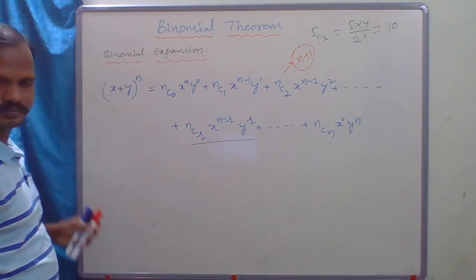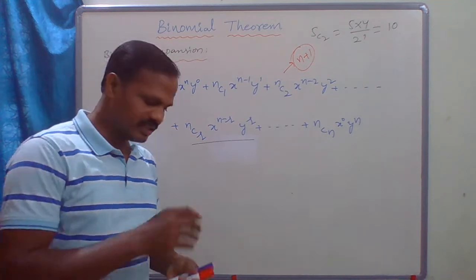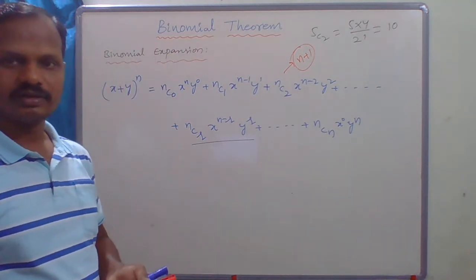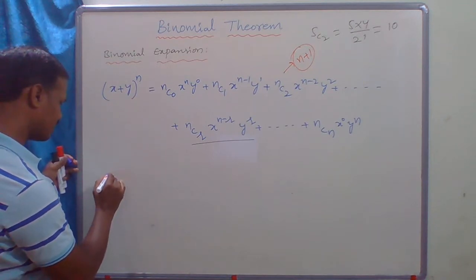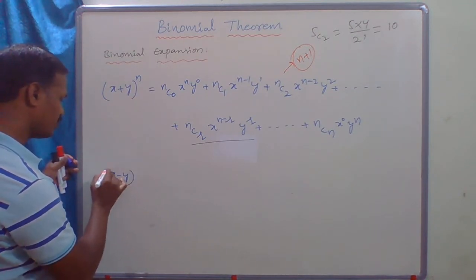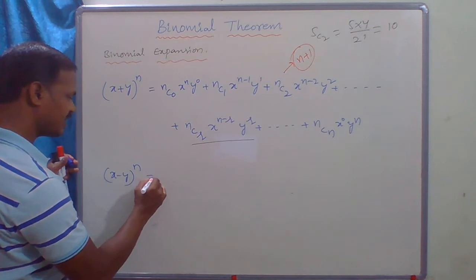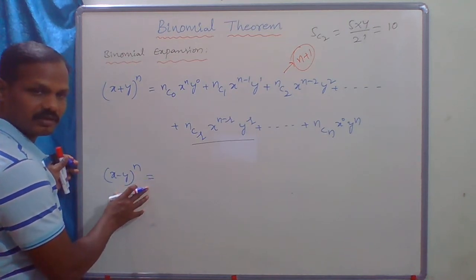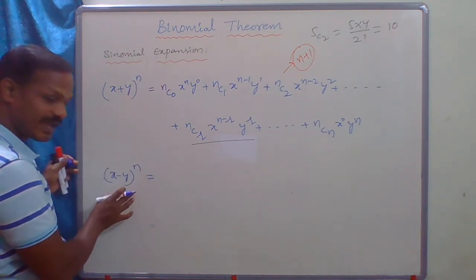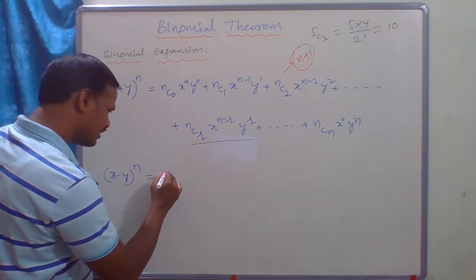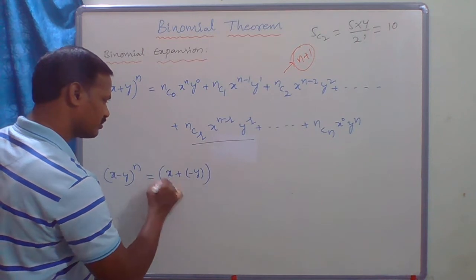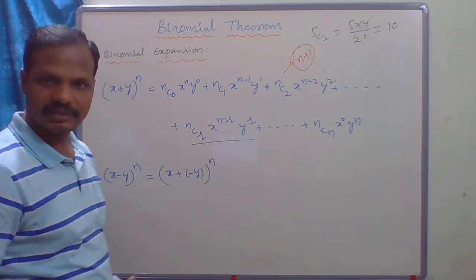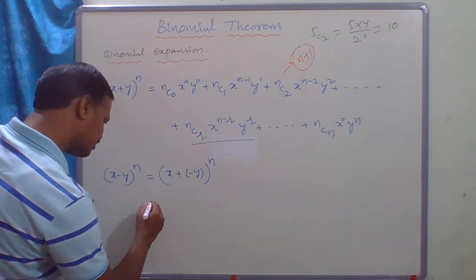Okay, now in this binomial expansion, if you write minus y, that is x minus y whole power n. This can be written as x plus minus y whole power n. Now expand it.